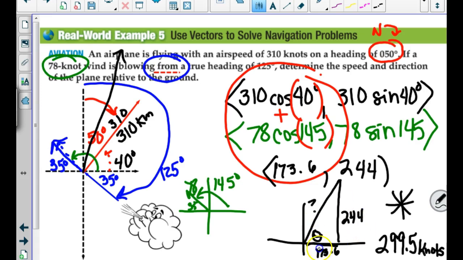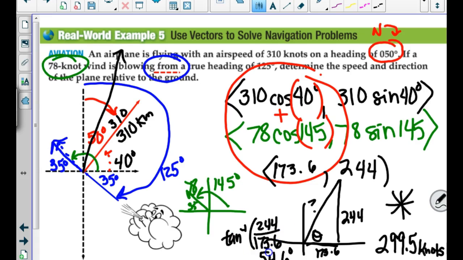If I gave you this little triangle right down here, how could you find that angle? Yeah, can we just do tangent, opposite over adjacent? Inverse tangent of 244 over 173.6. I have 54.6. Anybody else?